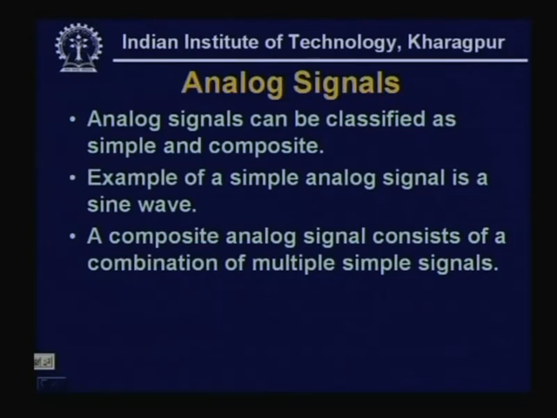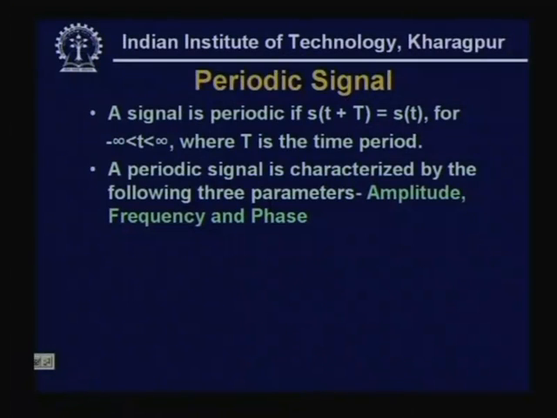A sine wave can be considered as a simple analog signal, and as we shall see very soon, a composite analog signal is essentially a mixture of multiple simple signals. Again, the simple analog signals usually are periodic in nature. For example, a sine wave.